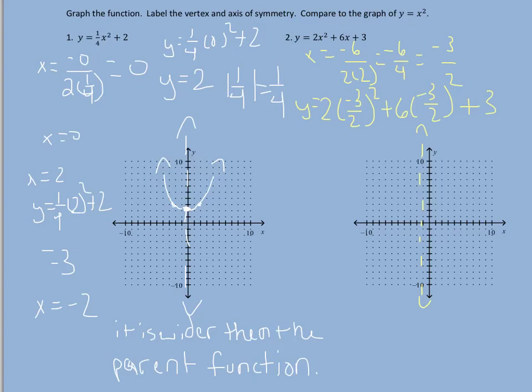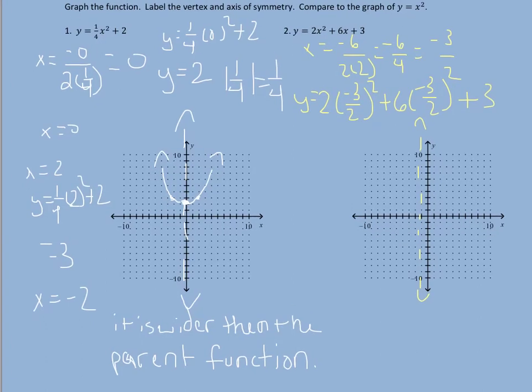So you get 9 halves plus 6 times -3 halves is -9 plus 3 is -6, and that equals -3/2. So graph this. So we graph -3/2, -3/2. So it's right about there.